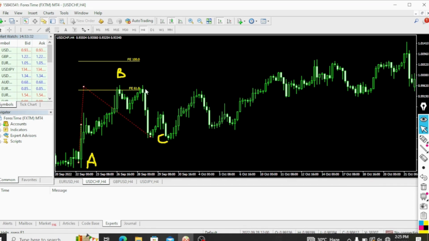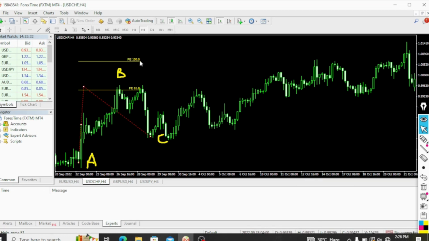We are going to make twice what we would have lost if we are to lose this trade. So our first target is going to be extension 100, which is at this line. So if you place your first target at this line, you should have been able to make a good deal of profit on this level. From this level, you should have been taking your profit anywhere on this line.